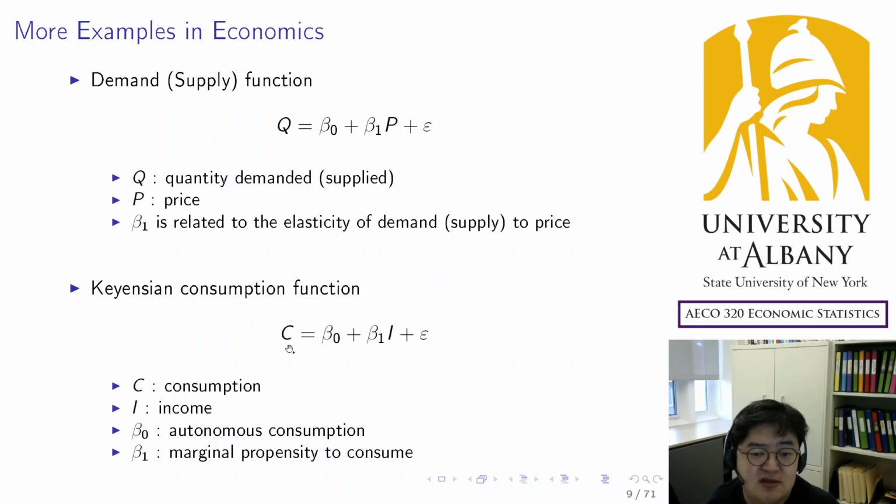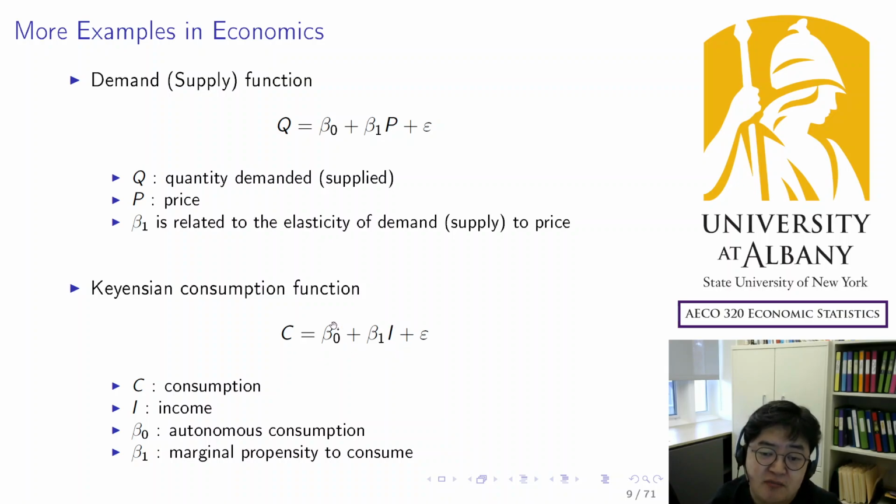In macroeconomics, you can think of the Keynesian consumption function. In Keynesian macroeconomics, consumption is a function of income, right? Beta 0 is autonomous consumption. This is must-have consumption. For your survival, to maintain your life, for your basic life, you need to spend a minimum of beta 0, even if you do not have income.